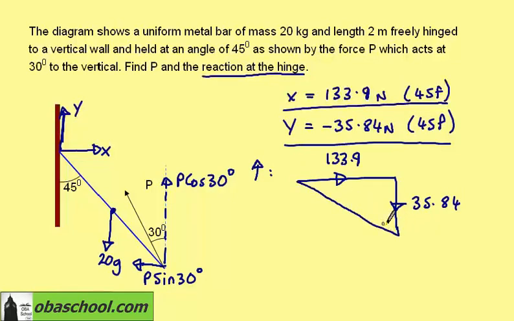We want the third side of this right-angled triangle. We want to find r and theta. We can use Pythagoras' theorem for r, so r will be 133.9 squared plus 35.84 squared, square rooted.